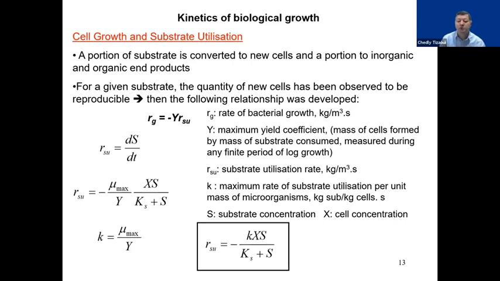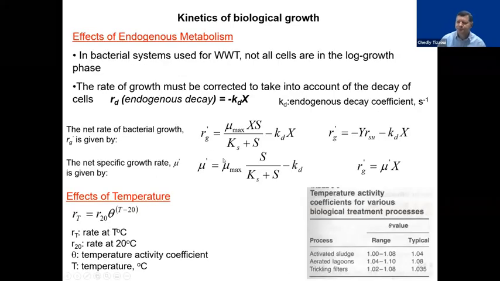However, when you consume that substrate, you produce the bacteria. That means the rate of growth of bacteria is positive because the mass of bacteria, or VSS, which represents the bacteria, is going up. So one of them is consumed, one of them is produced, and that's why you have the minus sign.